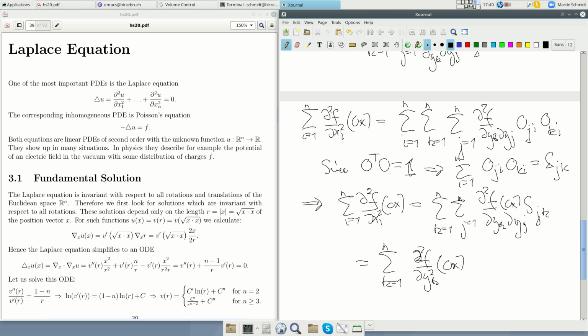Okay, I did this very explicitly by using matrices and indices. One could also write this more elegantly by using this equation.